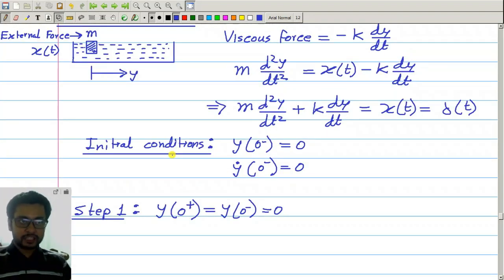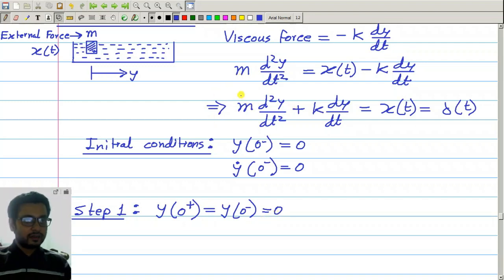If y is not continuous, then y can have a step jump, and then the derivative of y in this equation will be an impulse function, and the second derivative will be delta dot. But the right side of this equation has no delta dot, so y cannot have any discontinuity or step jump. So y(0+) must be 0.